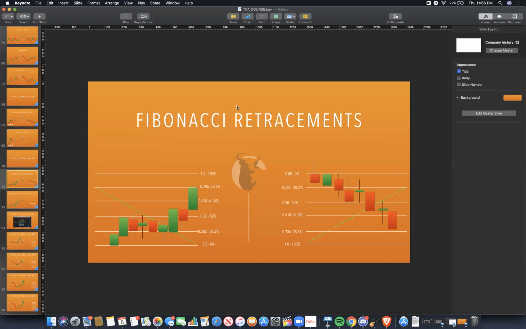Kurt, if I'm using my Fibonacci retracement tool to measure the retracement of the previous trend, what am I focusing on? The beginning and the end of the trend, or where the trend was confirmed and ended? What would you think?